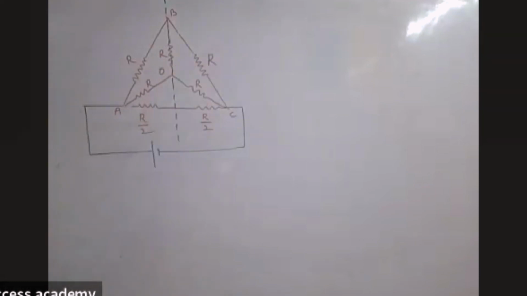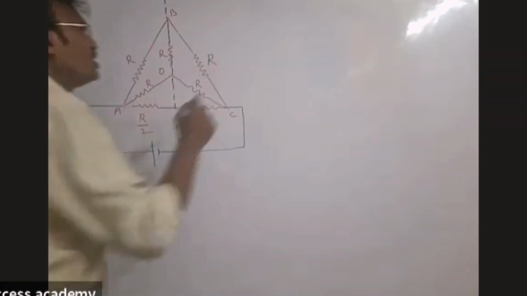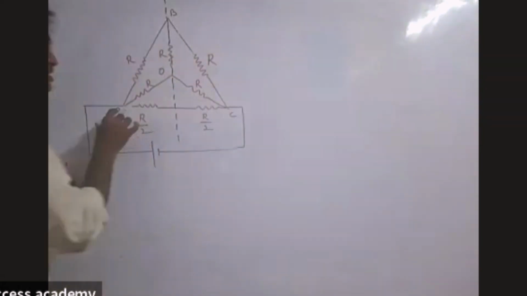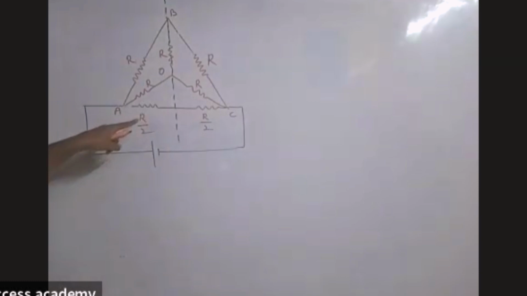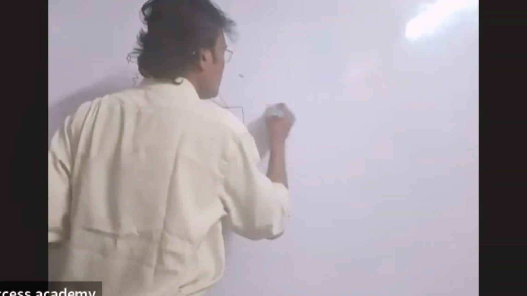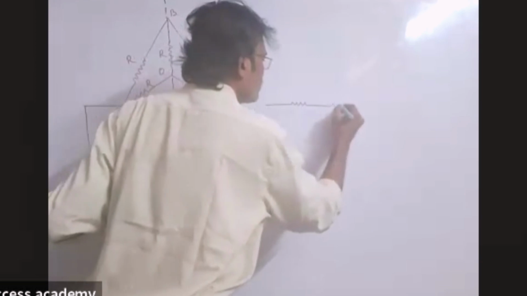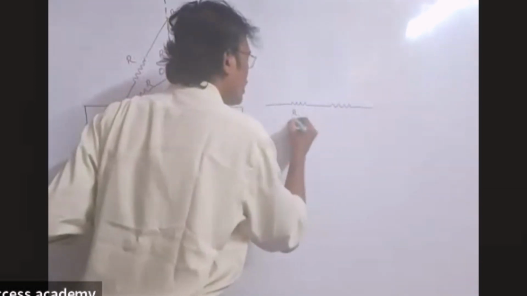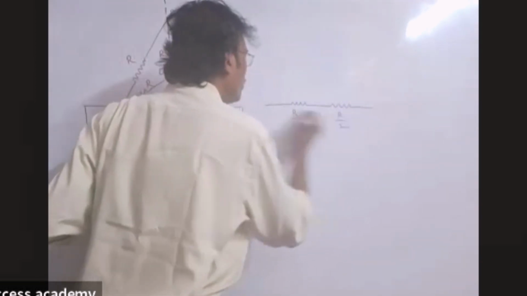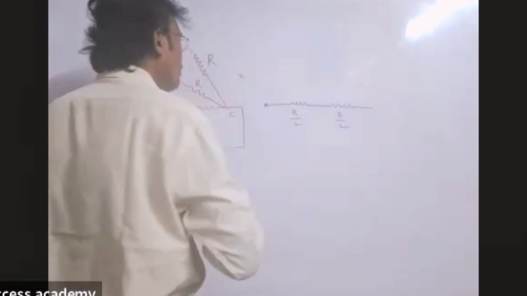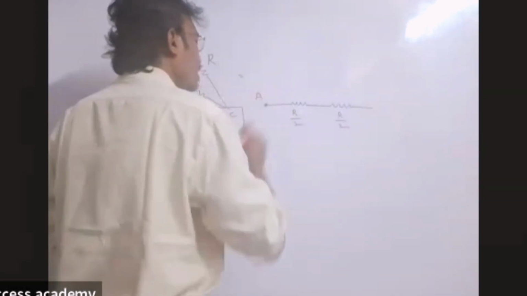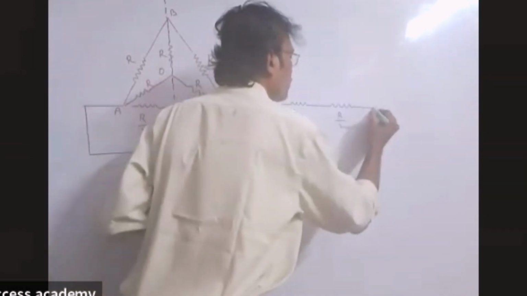Listen, this is R by 2 and this is R by 2, as same as I am representing here, like this, R by 2 and this is R by 2. This I am naming as A and here this is named as C.